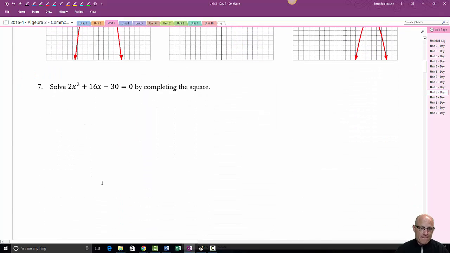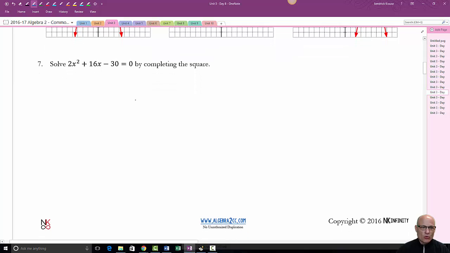So remember the first step for completing the square. We're going to bring the 30 over to the other side. So 2x squared plus 16x equals 30.